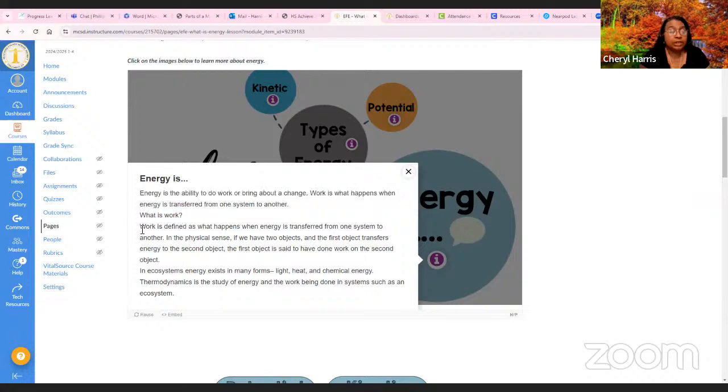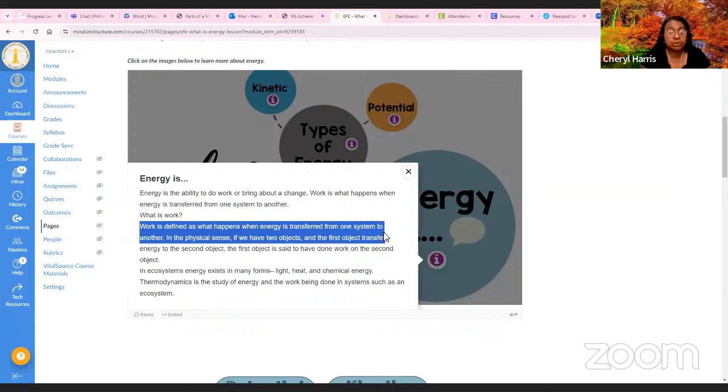All right, so then it clarifies, redefines work. Now you have to have a scientific definition of work, and that is defined as what happens when energy is transferred from one system to another.